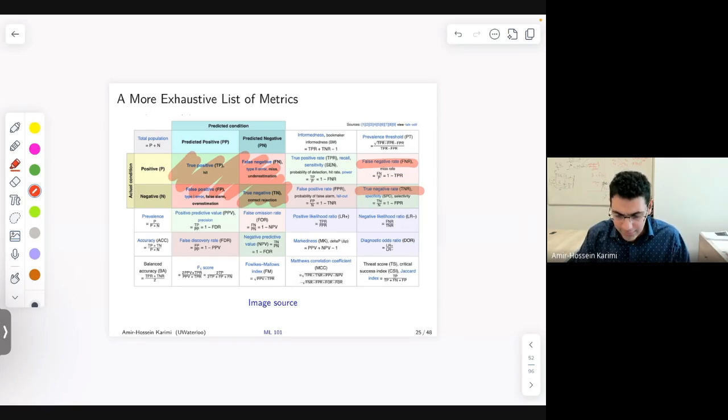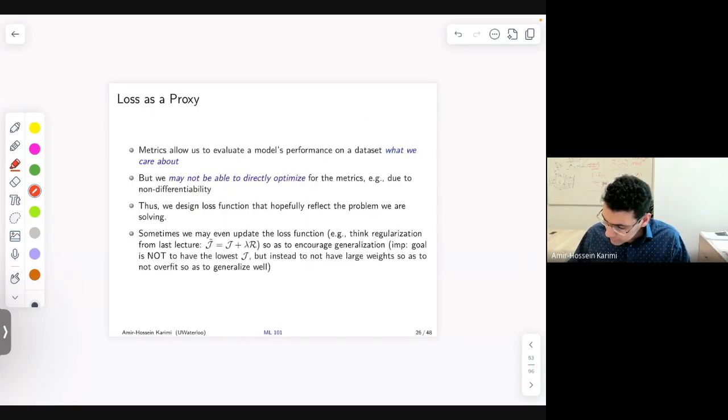I want to remind again that metrics allow us to evaluate a model's performance on a data set that we care about, but we may not be able to directly optimize for those metrics or even formulate what we care about. And that's why we design loss functions, again, as a proxy for what we care about.